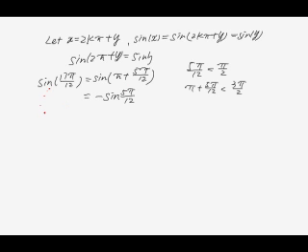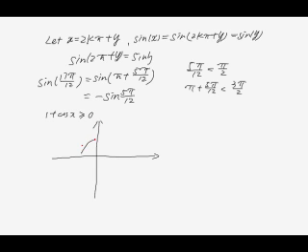And some guy asked me why 1 plus cosine x is greater than or equal to 0. This is simple. Actually, you look at the graph of the cosine. Here this is 1, and here this is negative 1. So the range of the cosine function is the closed interval from negative 1 to 1.